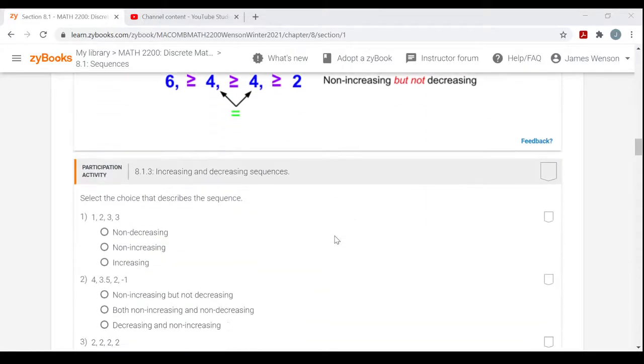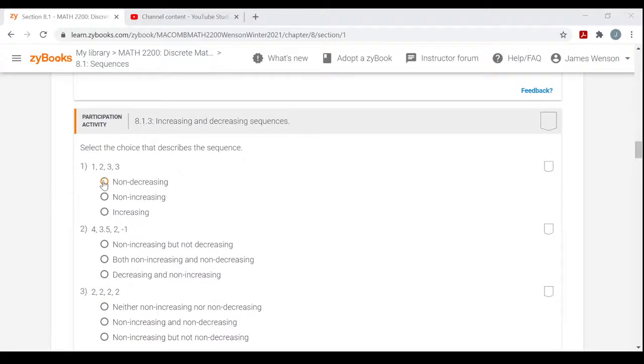Okay. So quick examples here. Getting bigger, stays the same. So this is non-decreasing. Right. But it's not increasing though, because this last part, 3 goes to 3, that doesn't get bigger. Right? An increasing sequence is always getting larger. 4, 3.5, 2, -1.